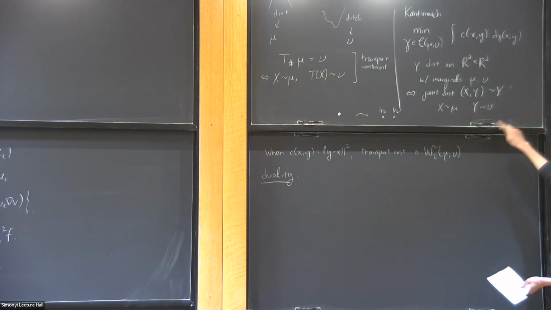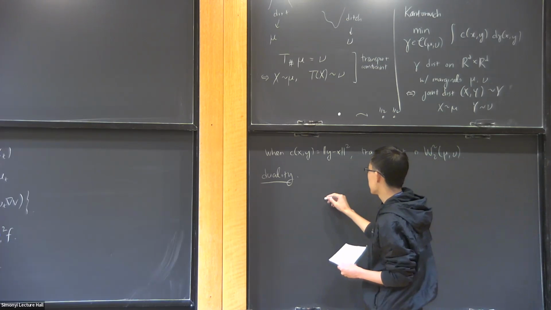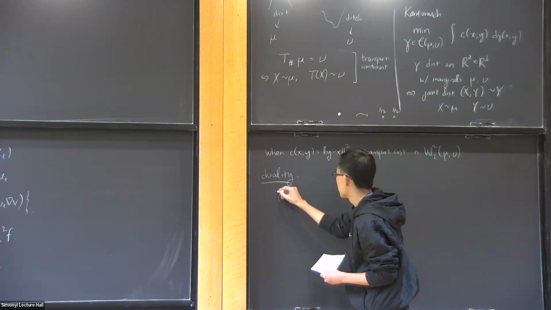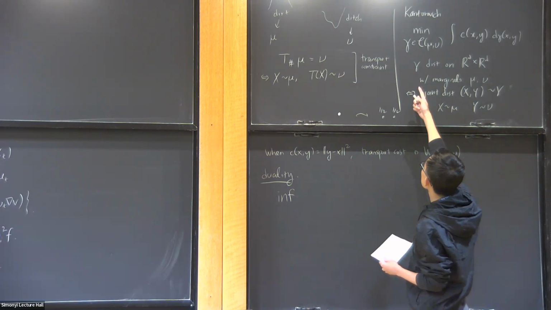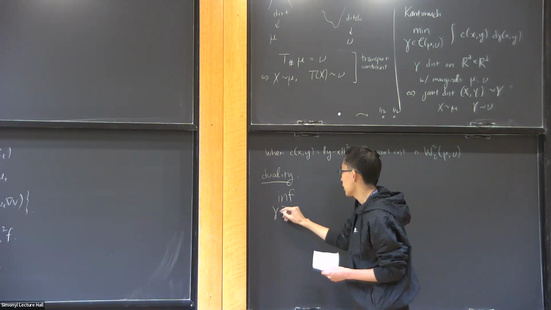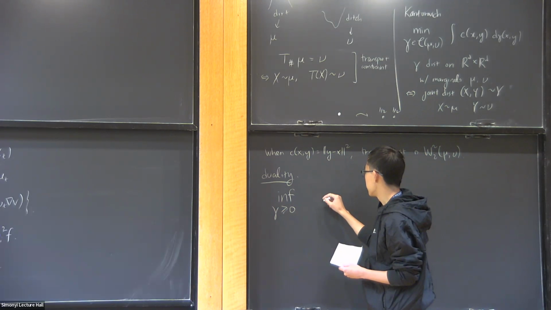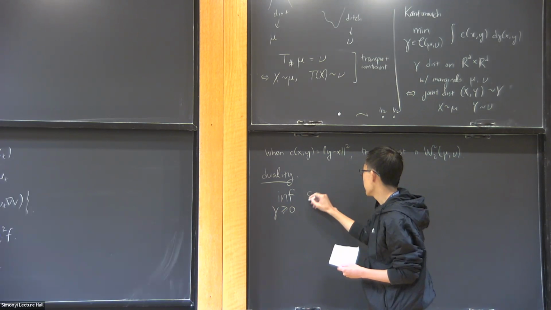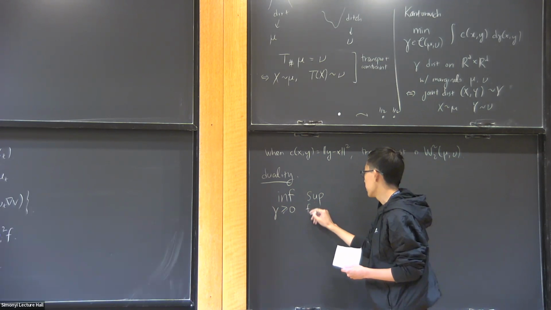Because everything's convex here, strong duality will hold, so the inf sup will equal the sup inf. So what does this look like? Instead of looking at gamma that satisfy these marginal constraints, I'm only going to look at non-negative gamma. And then the Lagrange multipliers are going to look like a pair of functions f and g.